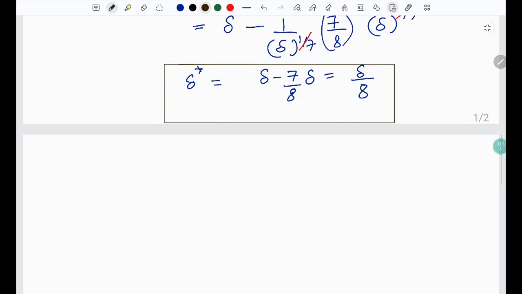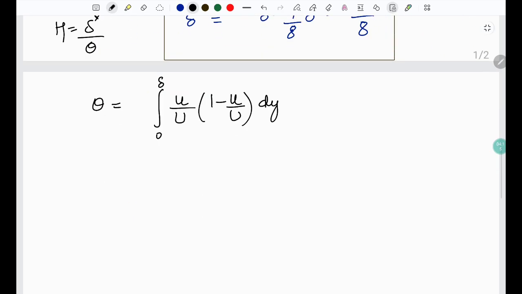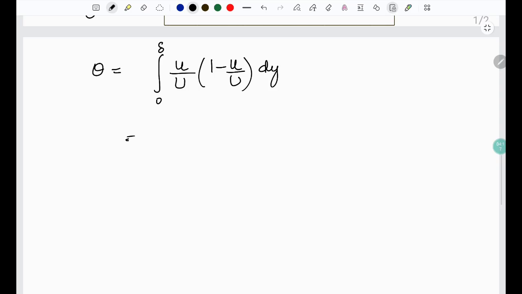So this is fine. But since the ratio we had to find out, H was delta star by theta, that is momentum thickness, we had to calculate the momentum thickness as well, which is calculated as the integral of u by U times 1 minus u by U dy, that is, u by U minus u square by capital U square dy.